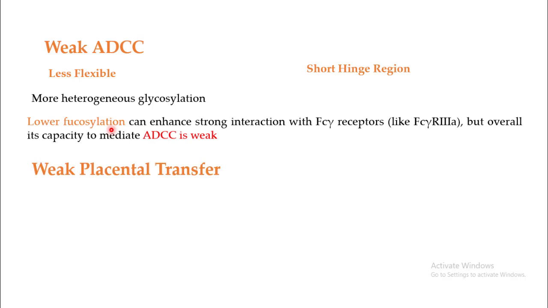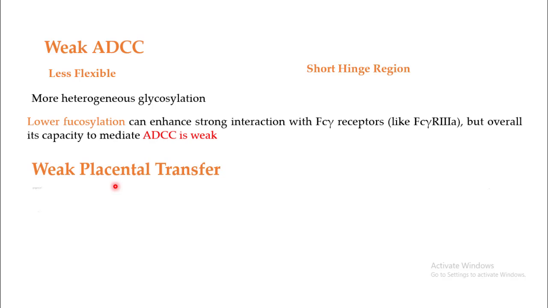When you talk about immunoglobulin G2, I told you in my last video that immunoglobulin G1 can transfer through the placenta, and we talked about the Fc neonatal receptors present there, which help the movement of immunoglobulin G1 from the mother through the placenta into the fetus. But immunoglobulin G2 can only very weakly transfer through the placenta.